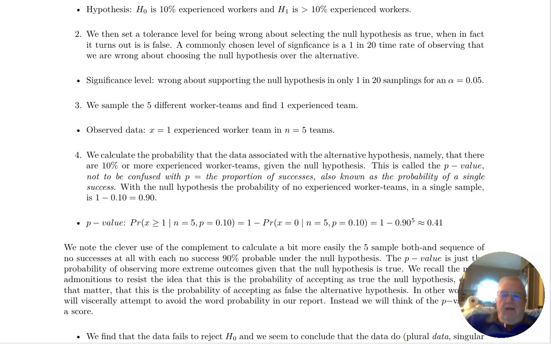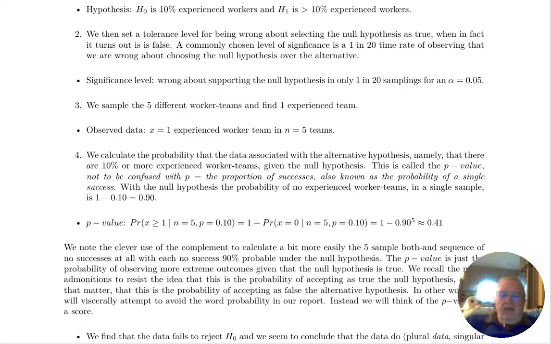We calculate now the probability of the data associated with the alternative hypothesis, namely that it's greater than 10%, for example 20%. That there are 10% or more experienced worker teams given the null hypothesis.